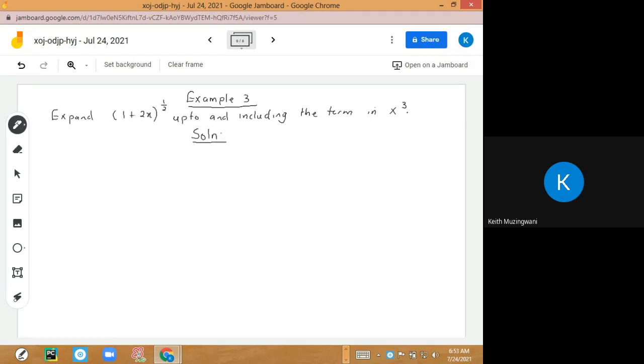So we have a general one, which we just saw that it's 1 plus n ax plus n minus 1 over 2 ax squared plus n minus 1 n minus 2 over 3 factorial, which is 3 by 2, ax power 3.